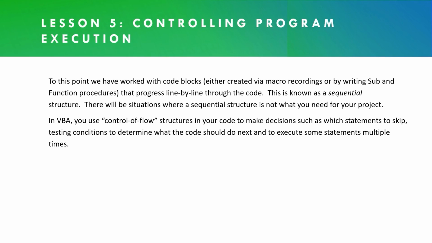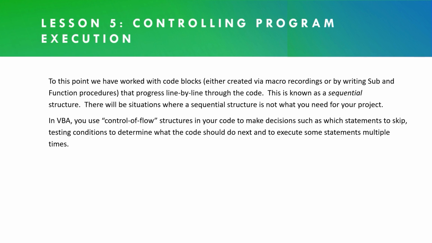So to this point, except in the last exercise when we stepped into code, we've worked with code blocks, either created via macro recordings or writing Sub and Function procedures that progress line by line through the code. This is known as a sequential structure. There will be situations where a sequential structure is not what you need for your project.